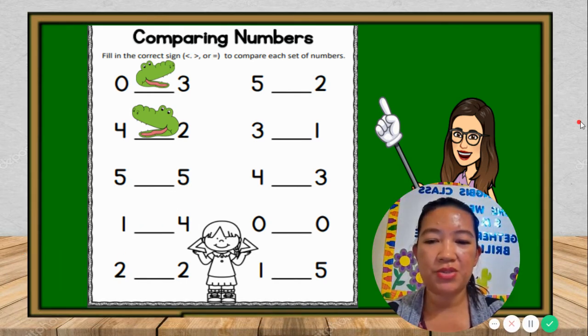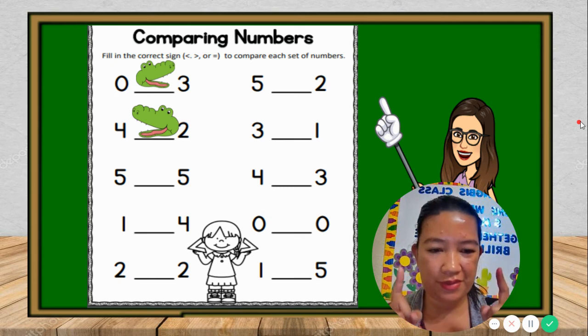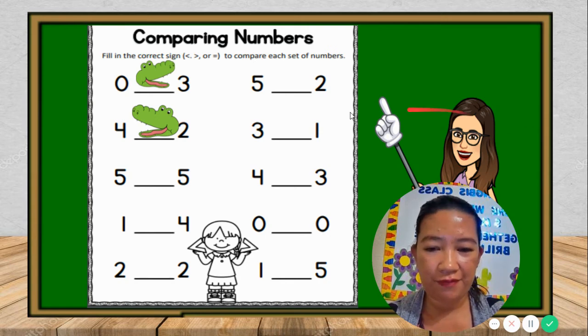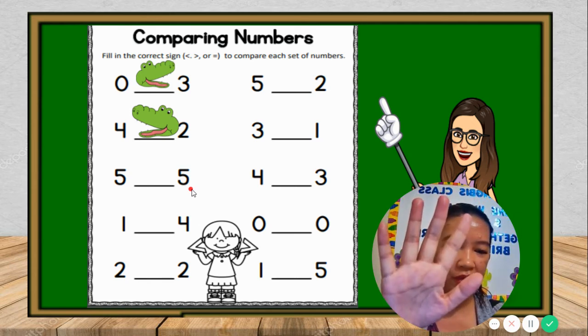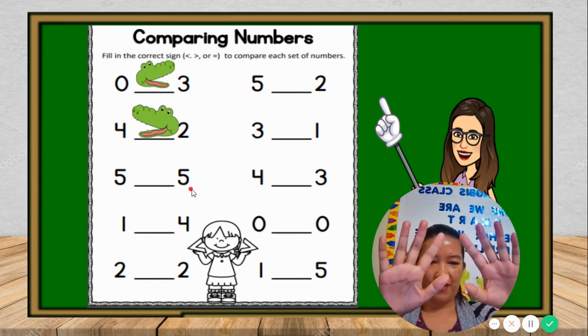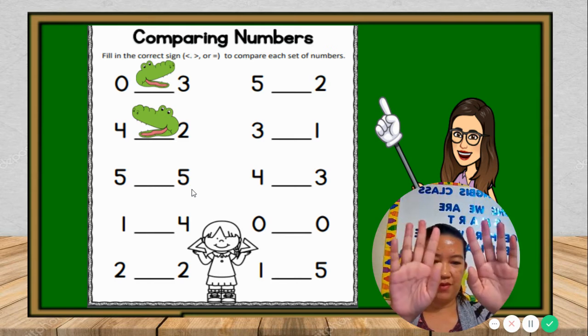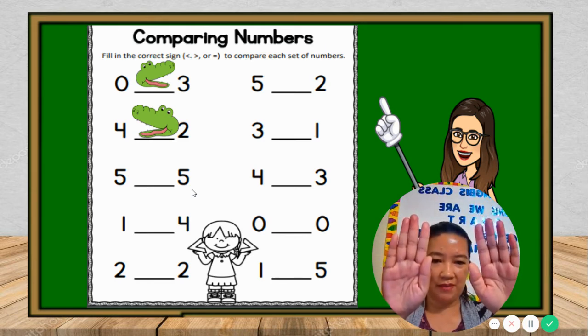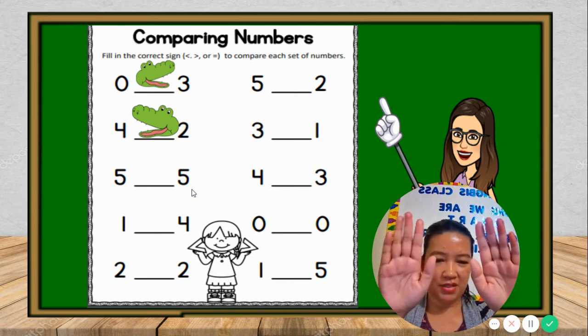Okay, so let's try to help the alligator think. Which one does he want to eat? Is it 5 on the side and 5 on the other side? So again, show me 5 fingers and then another set of 5 fingers. Are they the same? That's right, they are the same.